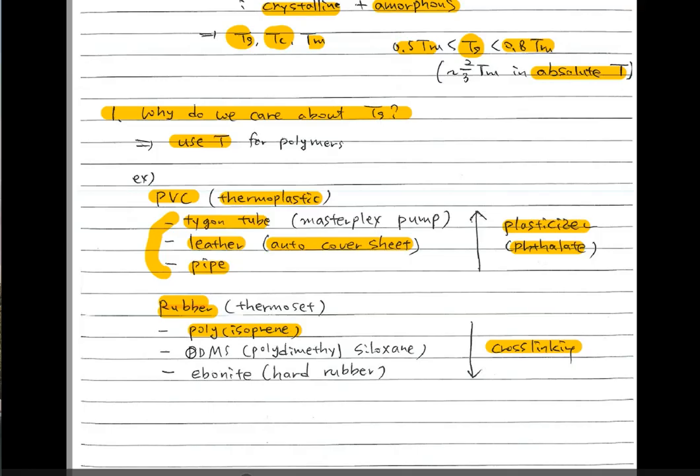On the other hand, if you do more cross-linking, for example, PDMS is much harder than polyisoprene, and more cross-linked polymers, which is called ebonite, is really hard rubber. So by changing the degree of cross-linking, we could change the glass transition temperature and also the resulting physical properties of the rubber.